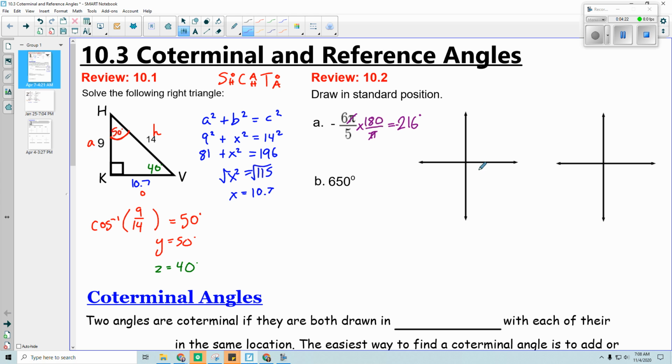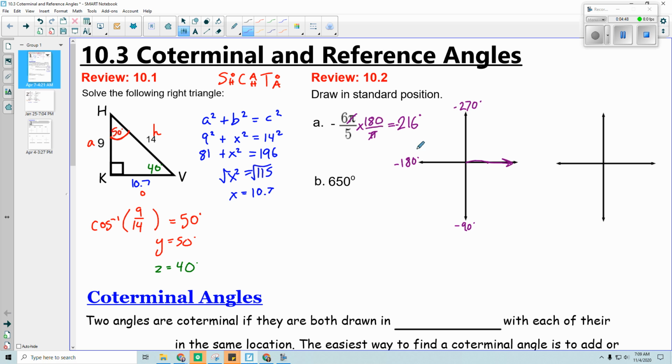So we'll use this first one to draw the negative 216 degrees. For negative values, I'm going clockwise, starting from the positive side of the x-axis, so that's my initial side, to rotate around this way to get all my negative values. The first one I come up on is negative 90, then I have negative 180, and then negative 270.